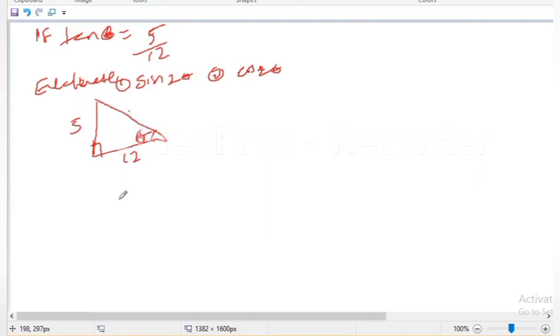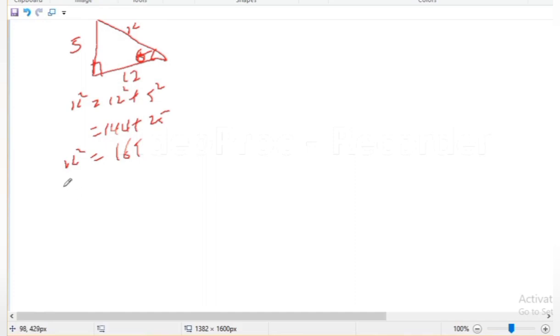If you use Pythagoras theorem, call this one x, so you will have the square of hypotenuse is equal to square of this plus square of this. So what do you have? 144 plus 25. So if you add them together, you have 169. So square root of both sides, this one will give you 13. So this is going to be what? 13.